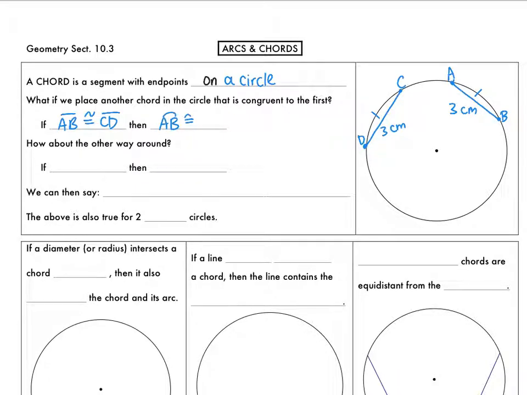Arc AB is congruent to the actual arc itself, CD.